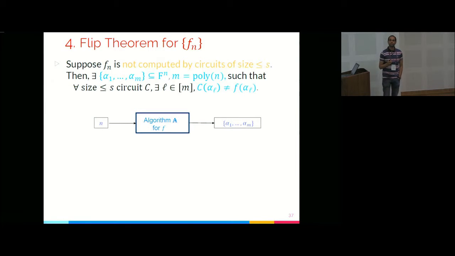And here is the algorithmic question. I give you this natural number n, and the algorithm should output this list of certificates.